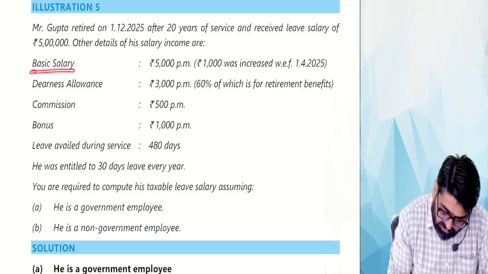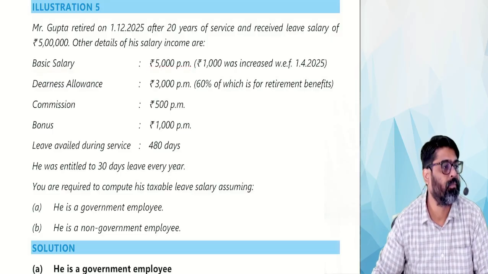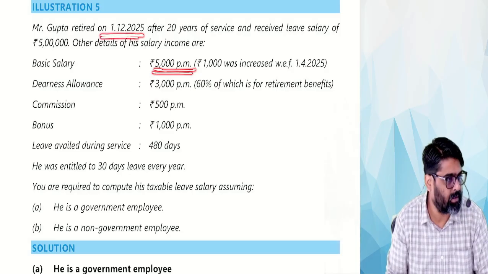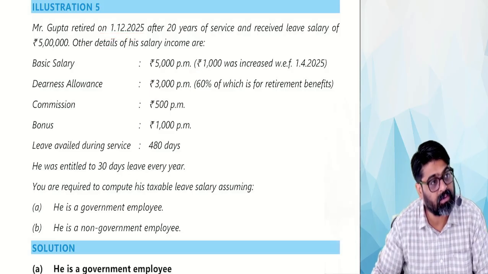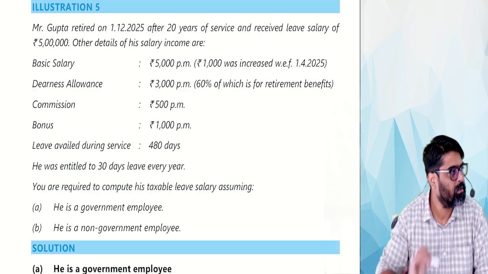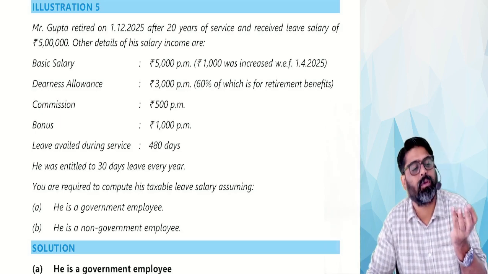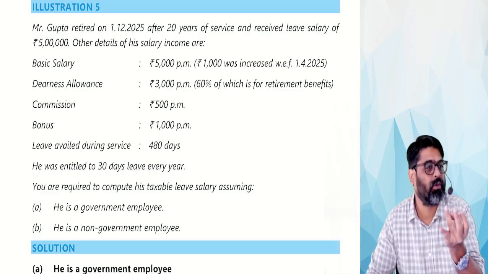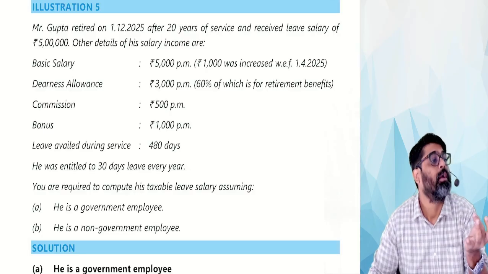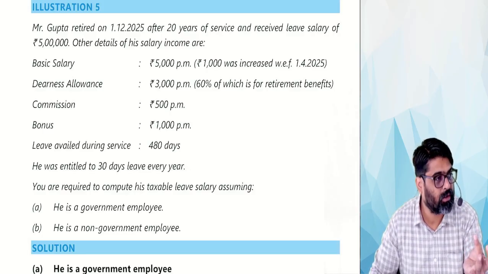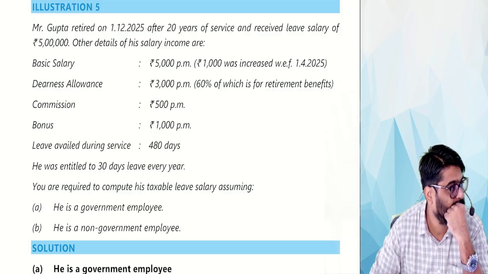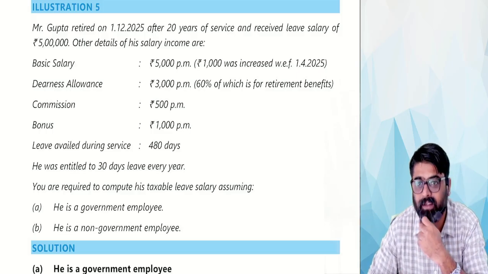So basic salary, how much was he getting? At the time of retirement, meaning for November, how much was the basic? 5,000. October 5,000, September 5,000, August 5,000, July 5,000, June 5,000, May 5,000, April 5,000. But for March and February, it was not 5,000, it was 4,000. You get it?